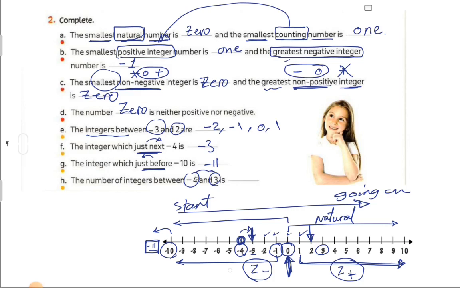Just after negative 4 come negative 3, negative 2, negative 1, 0, 1 and 2. After 2 comes 3, no, I want just between them.